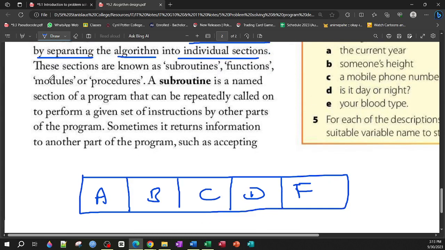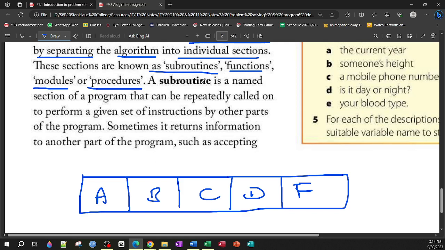Now these parts or sections are known as subroutines or functions or modules, or procedures. Those four terms refer to the same thing. Breaking a large program into parts, into sections.